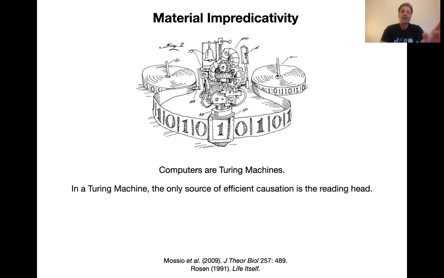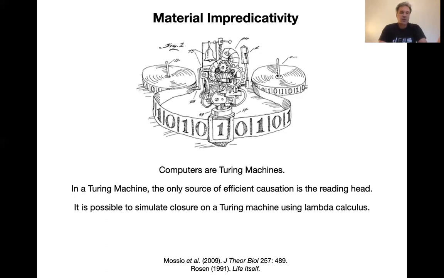So in a Turing machine, the only source of efficient causation is the reading head, the thing that actually reads the tape. And so it is possible, according to Matteo and his co-authors, to simulate closure to efficient causation on a Turing machine using lambda calculus, which is a special programming environment that allows you to operate not only on variables, but also on the operators themselves.